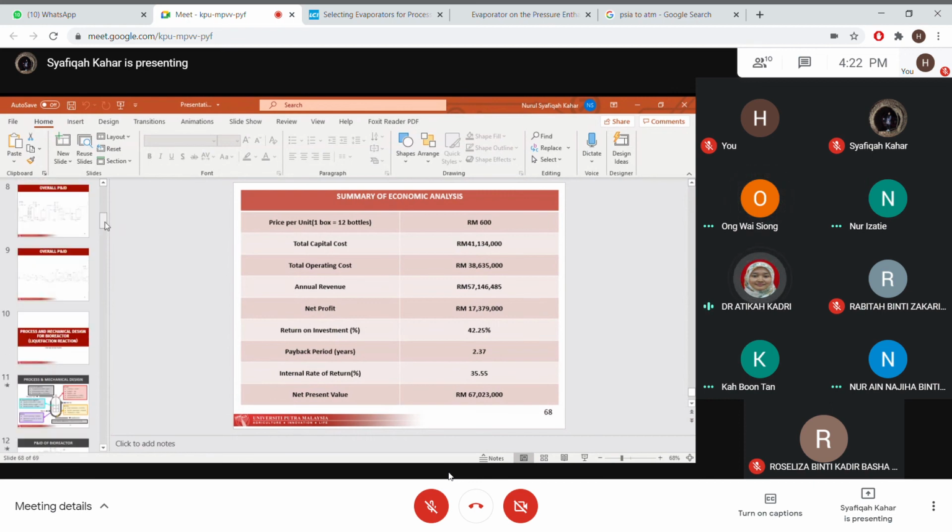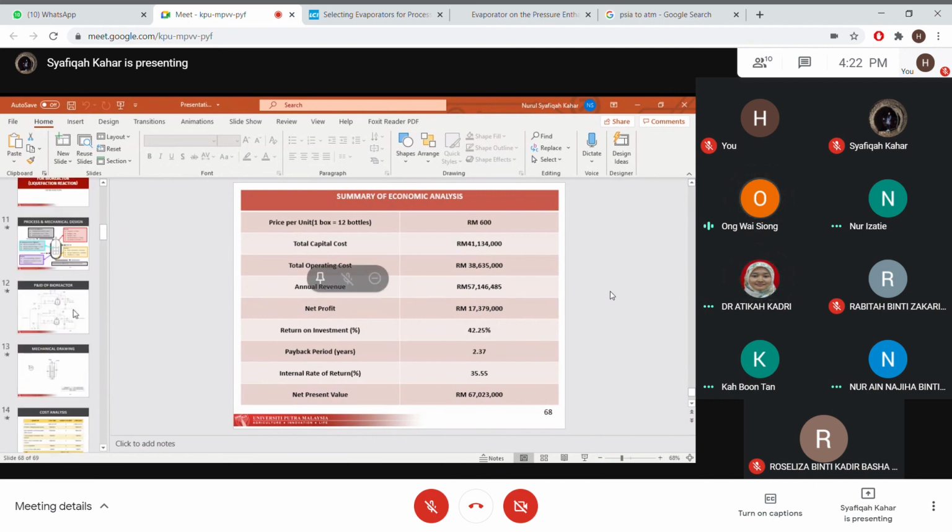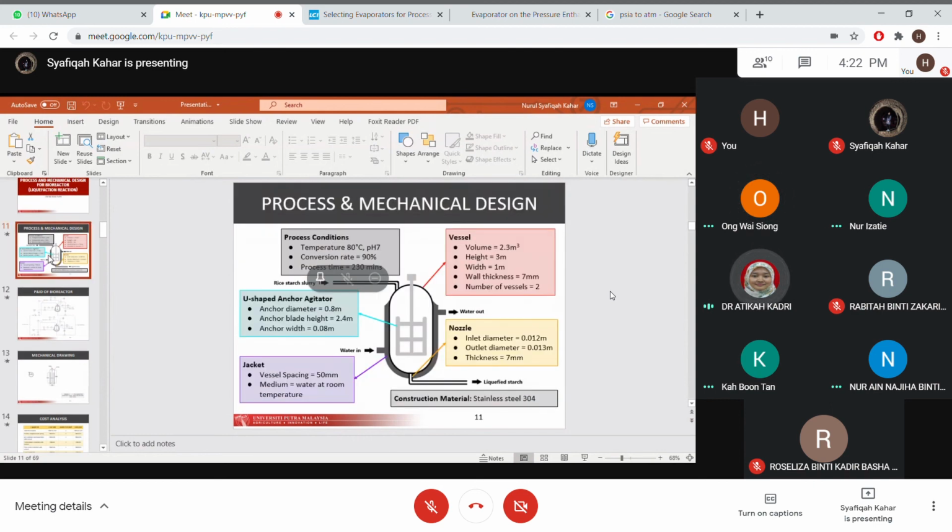When you design your agitator unit, I see here that you use an anchor agitator. In terms of the arrangement of this anchor agitator from the bottom of your vessel, can you let me know what is the distance of your agitator against the vessel bottom?